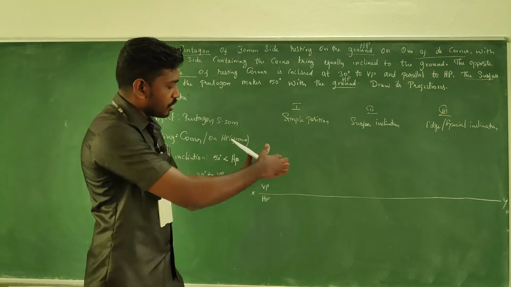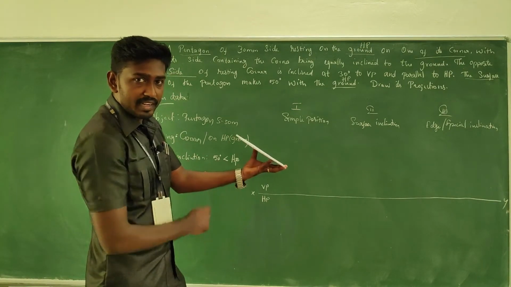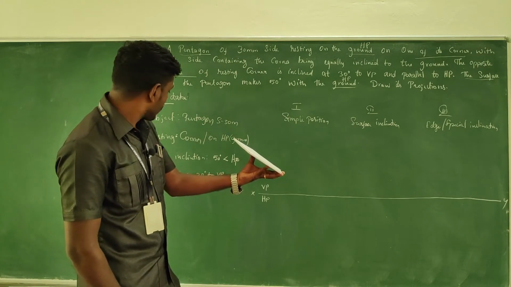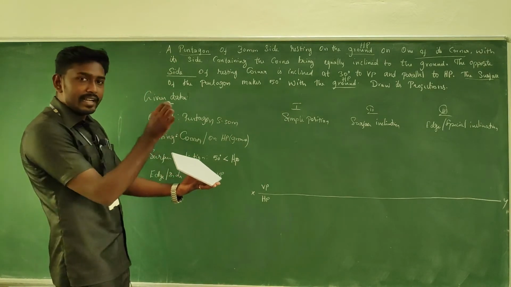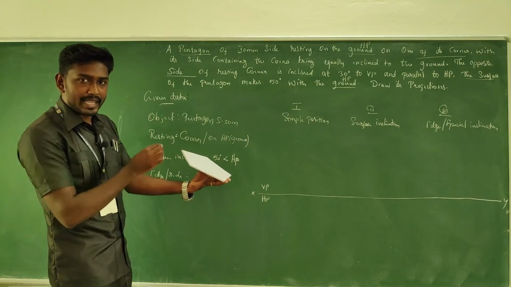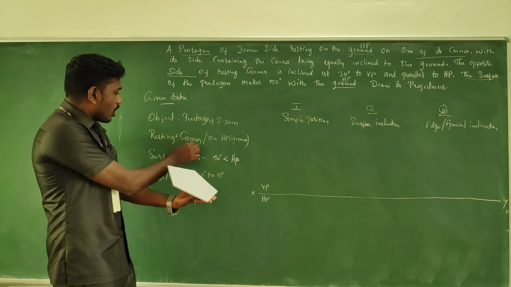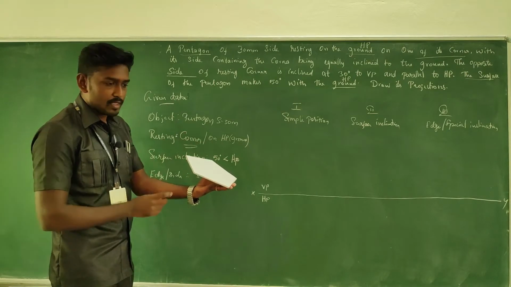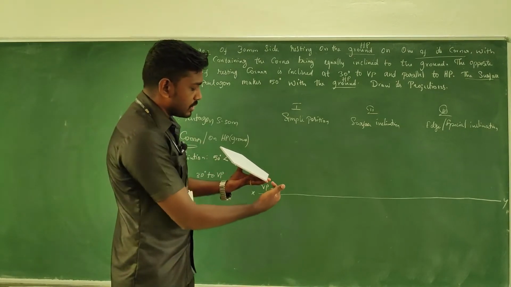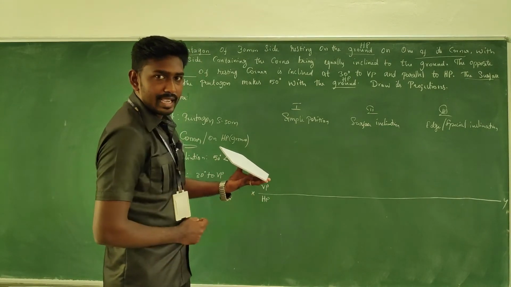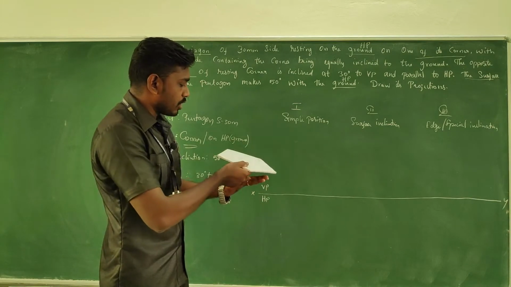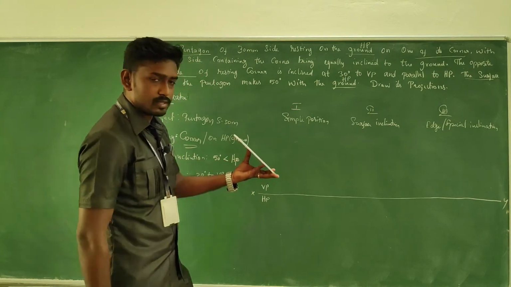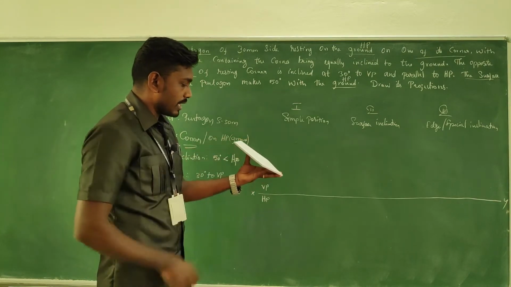Now the surface of the object is making 50 degrees with HP. And when it is making inclination, the corner of the object should rest on HP. So see, if I keep it like this, the edge is inclining. So the initial position of the object is something like this.